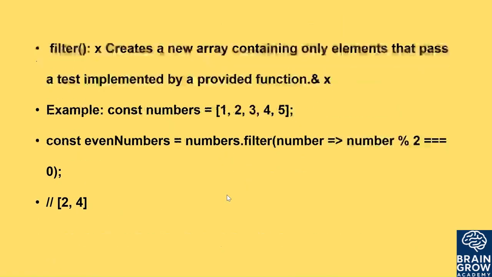And another function is filter. Filter is another higher order function, and it is used to filter some values out of an array. You can see that in the even numbers example, we have numbers 1 to 5, and it filters out the even numbers, and here is the output 2 and 4.